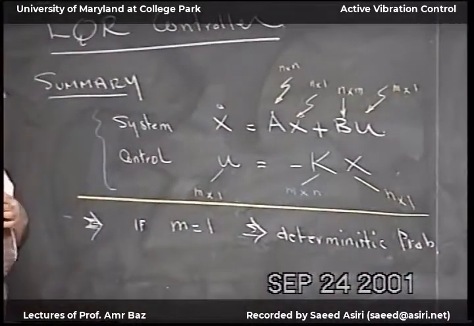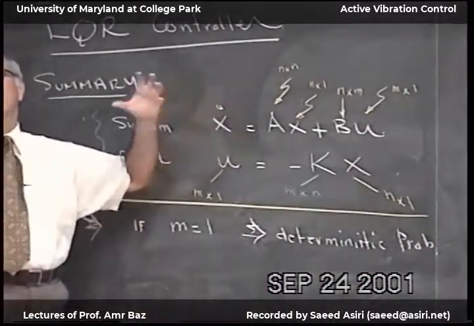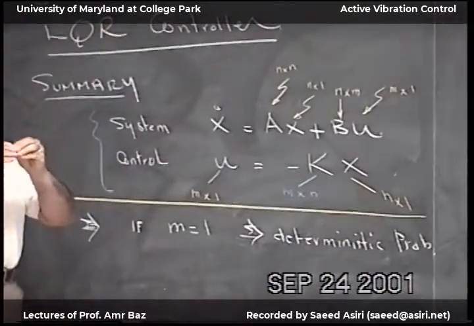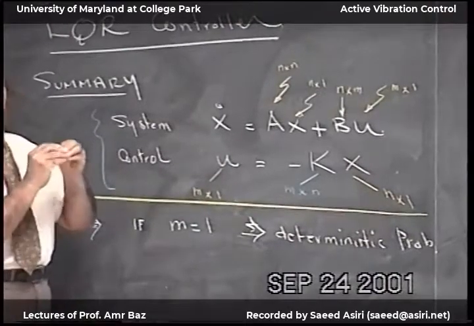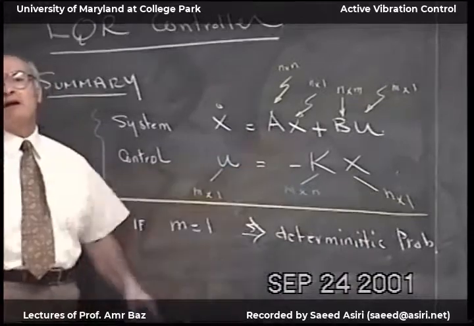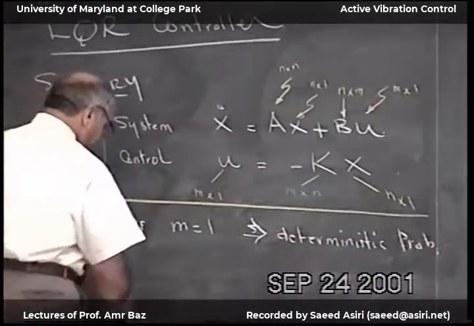By that we say I can place the eigenvalues of the closed loop in any particular place. I have n of these eigenvalues. Then I can solve for n unknowns, which are the coefficients of the K matrix, the gain matrix.